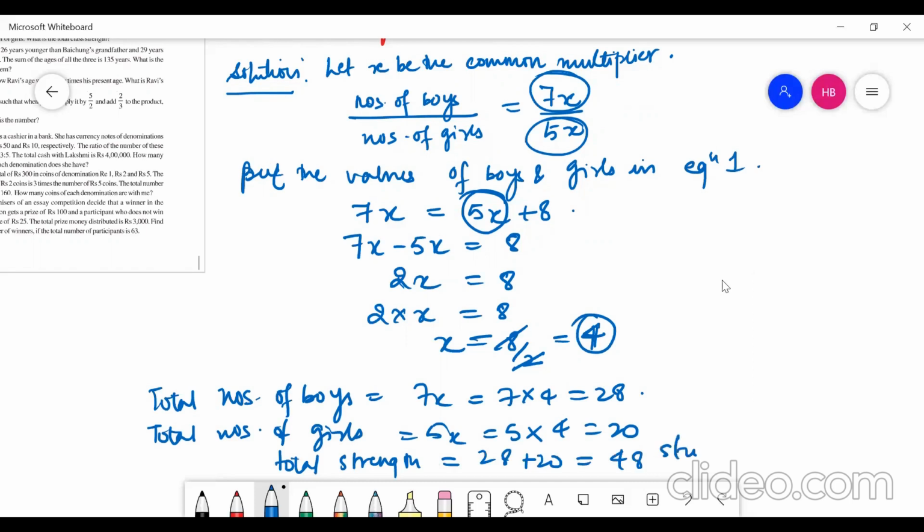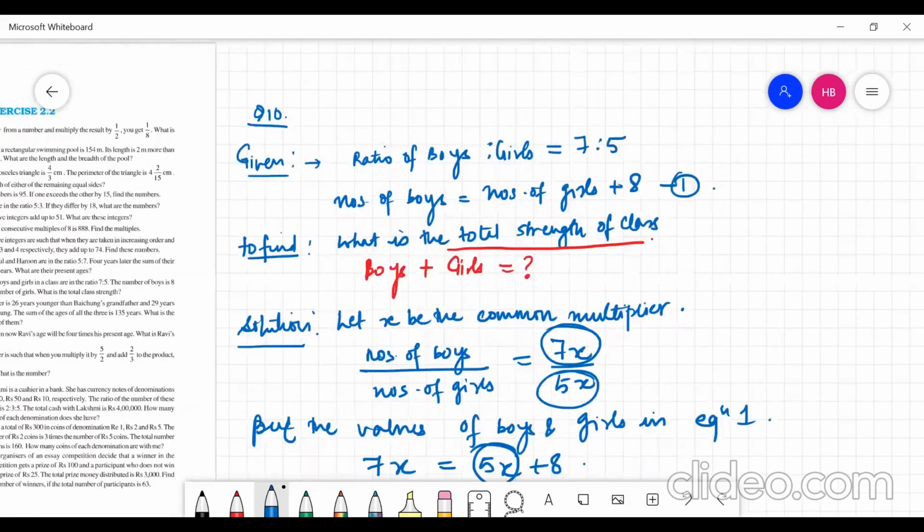So there are 48 students in the class. Got it? This is the solution for question number 10.